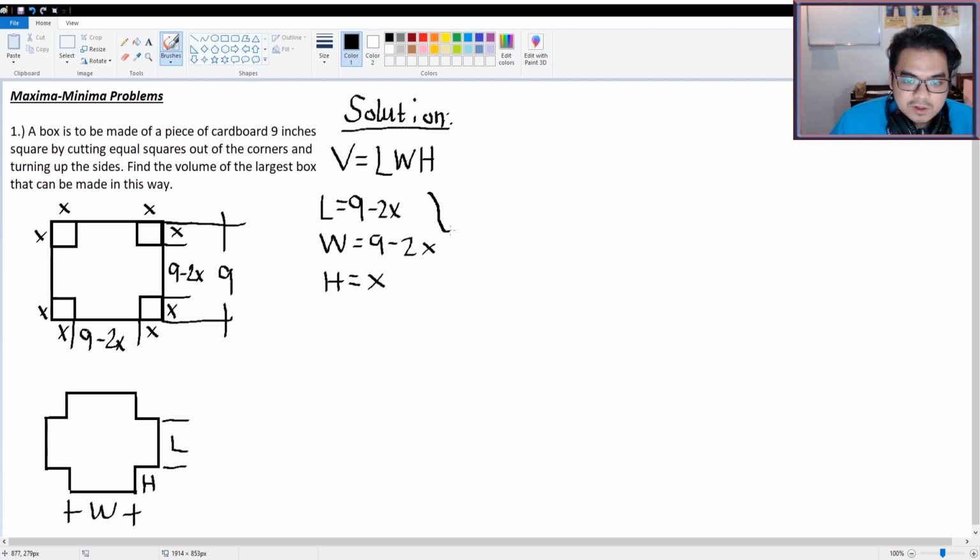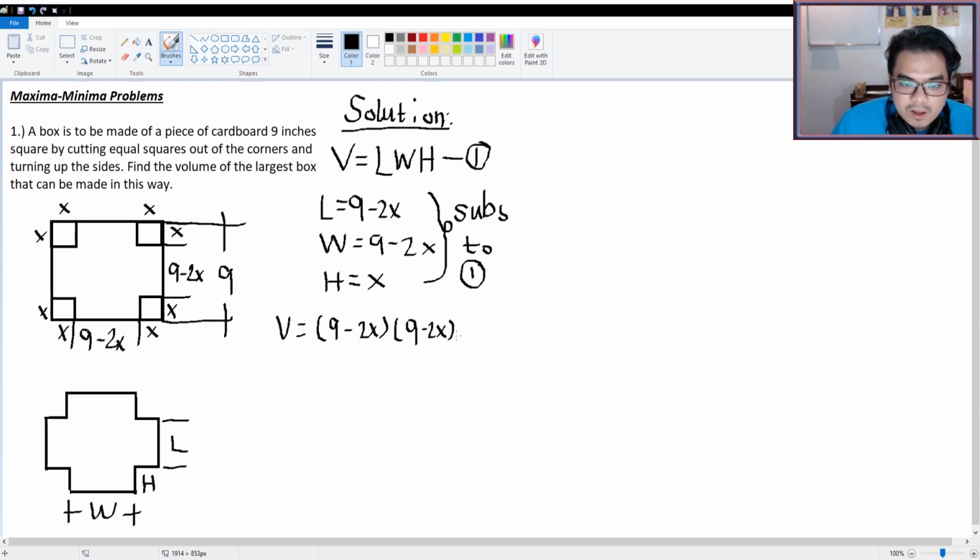Let's say this is equation 1. You have to substitute these into equation 1. Substituting, V will be equal to length 9 minus 2x, times width 9 minus 2x, times height x.